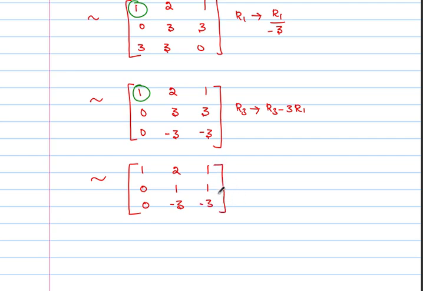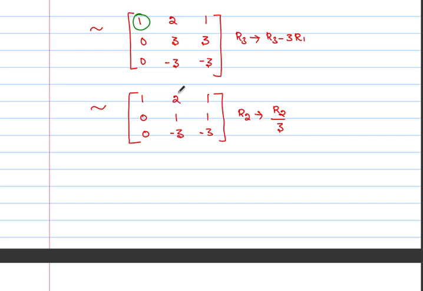Because my aim is to convert the given matrix into row reduced echelon form, R2 becomes R2 divided by 3. This is my second pivot, and I want the entry below it to become 0 also.